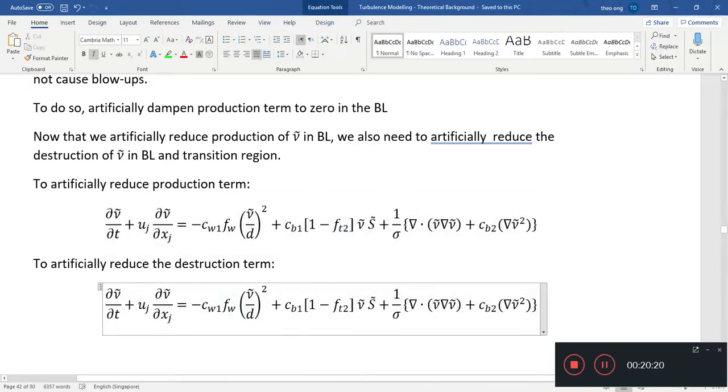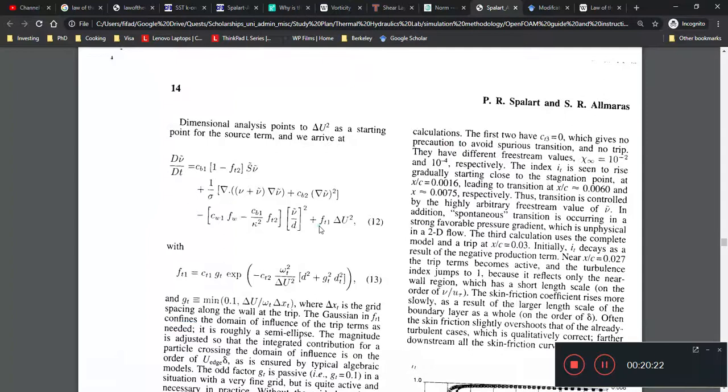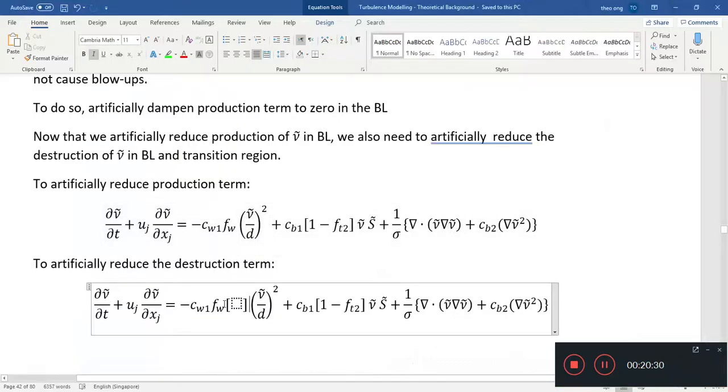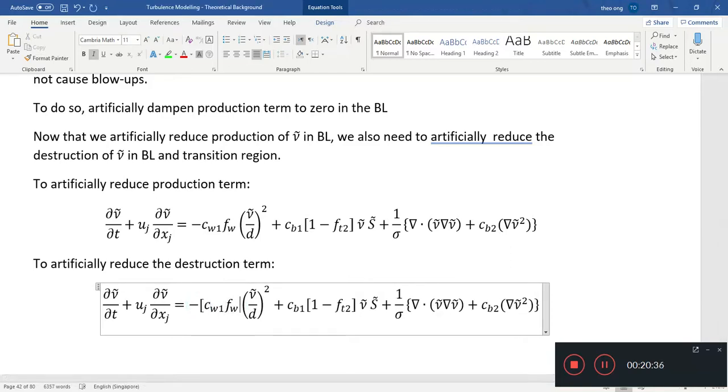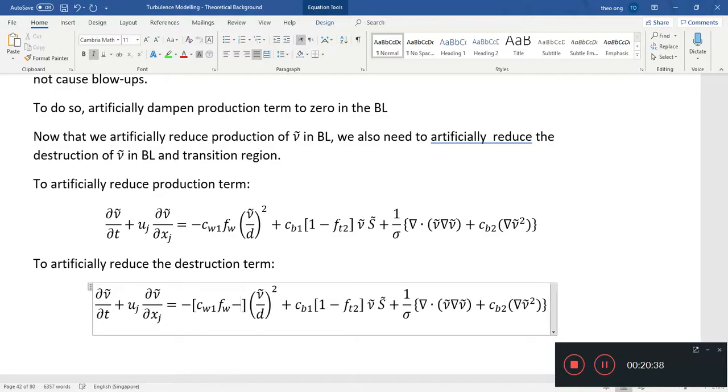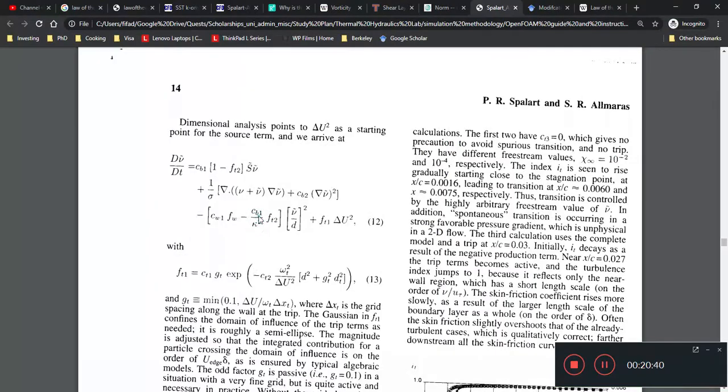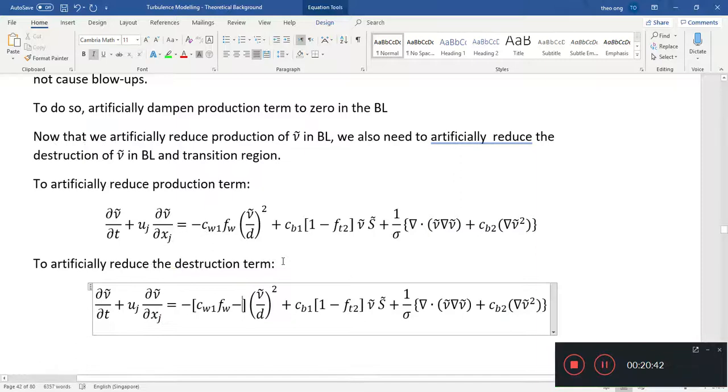So this will be C wall 1 fw, minus cb1 kappa squared over ft2.